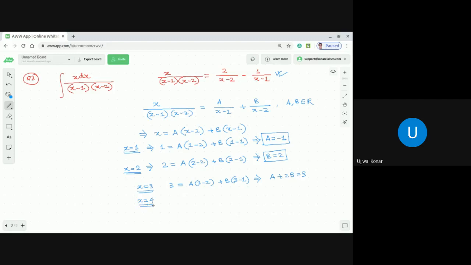No problem. So 4 is equal to a into 4 minus 2 plus b into 4 minus 1. So this implies 2a plus 3b is equal to 4. Now you need to solve these two linear equations, and you will get exactly the same values of a and b.